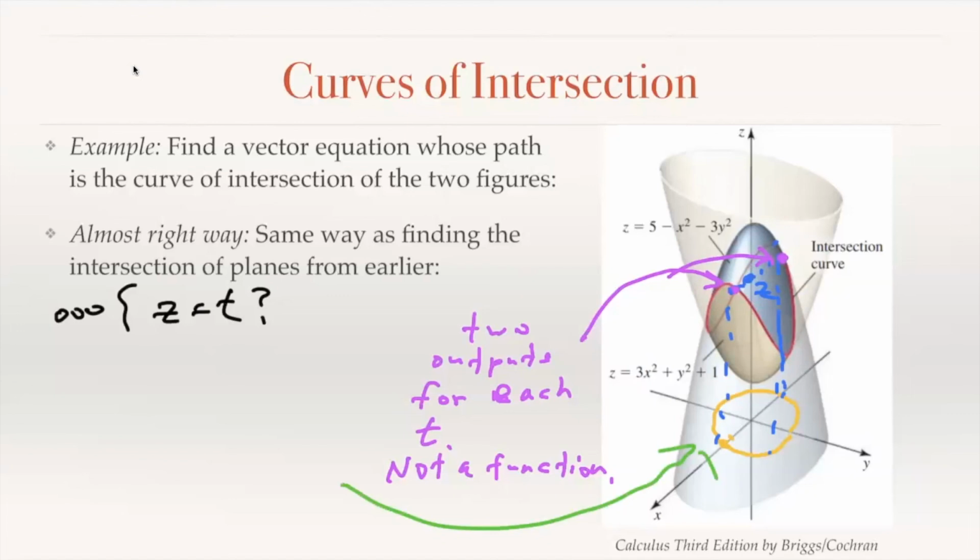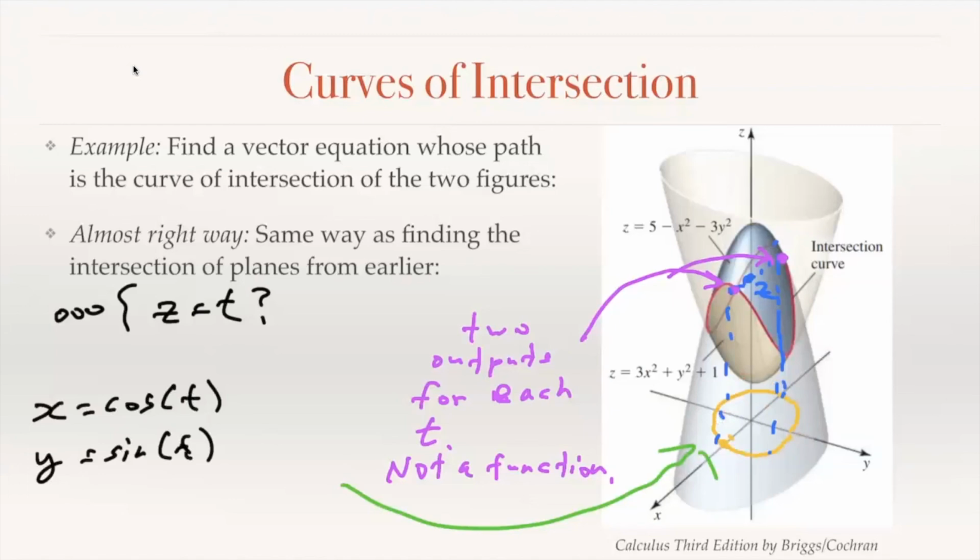So let's instead think, okay, maybe we should let x be cosine t and y be sine t. Okay, so you might be thinking, wait, how do we know that that's a circle and not an ellipse? That would be a very good thing to think.